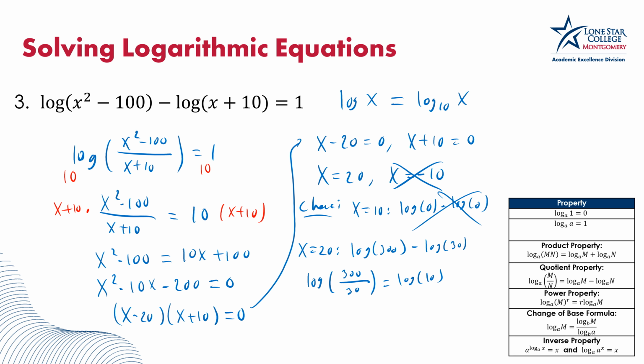Our base is 10, so log base 10 of 10 is going to be 1 because of the inverse property. So that should be okay. The only solution that we have, let's box it in red here, is x equals 20. So for logs, we always want to double check our answer and make sure that the solutions we got make sense in the original equation.